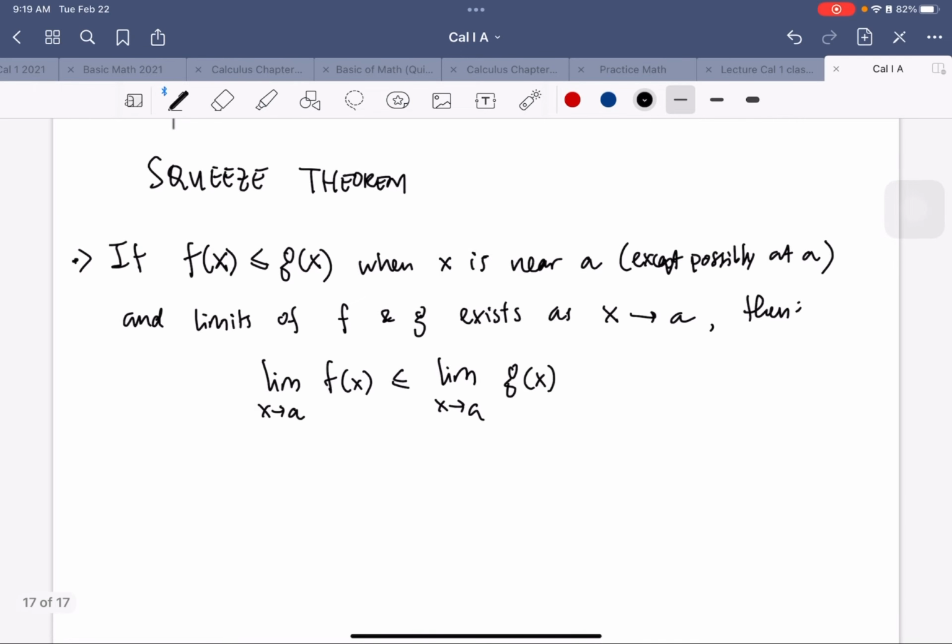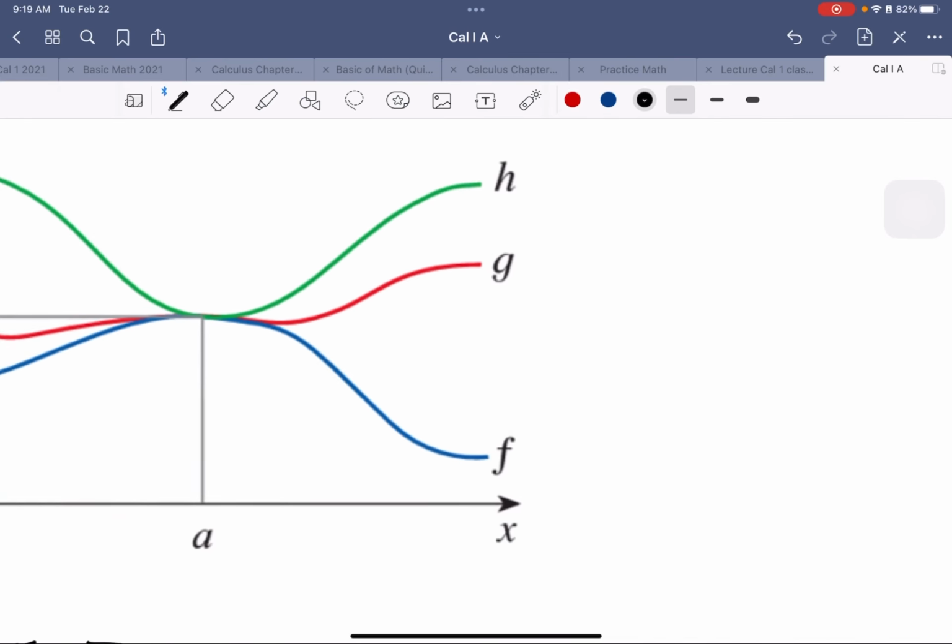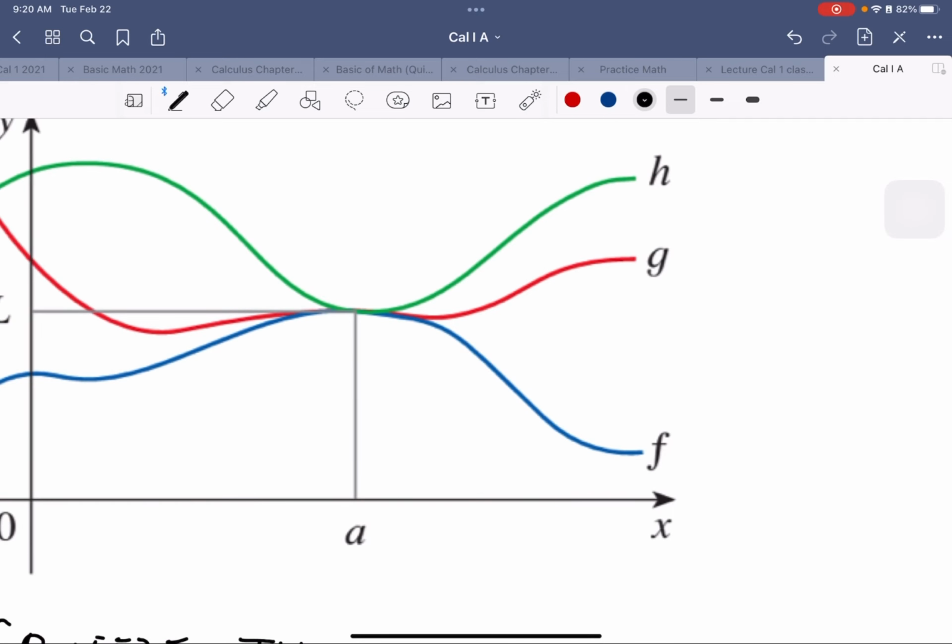Now if we look at all three functions, we know that f is less than or equal to g and less than or equal to h. Let's say near a is maybe here. It should be a bit closer, but just to observe, let's write like this.